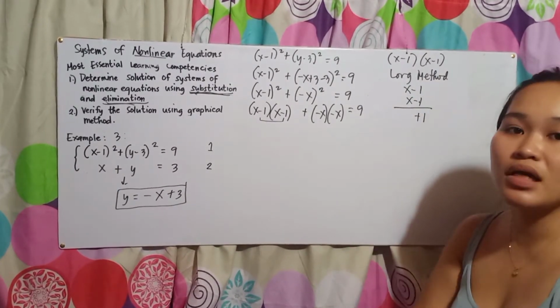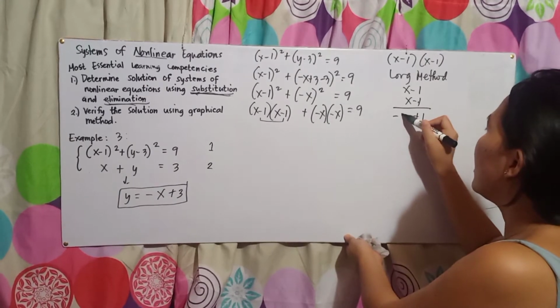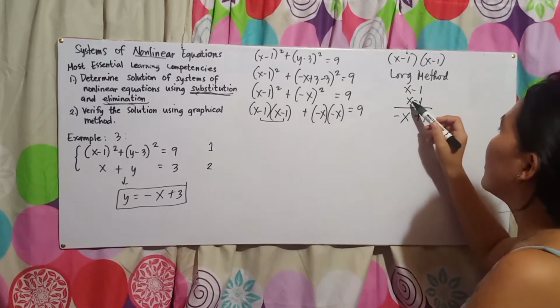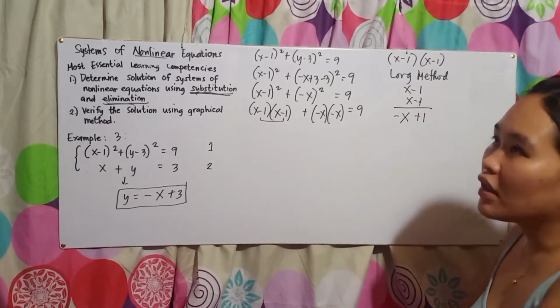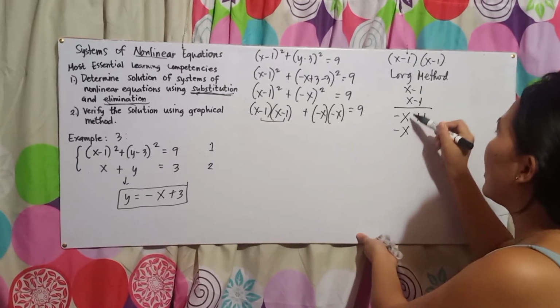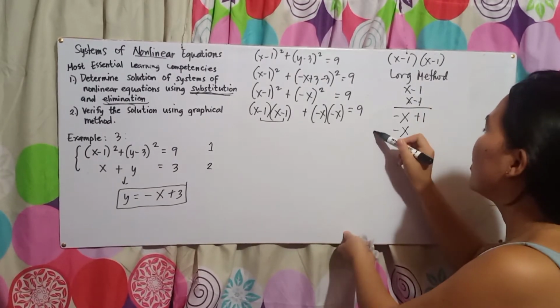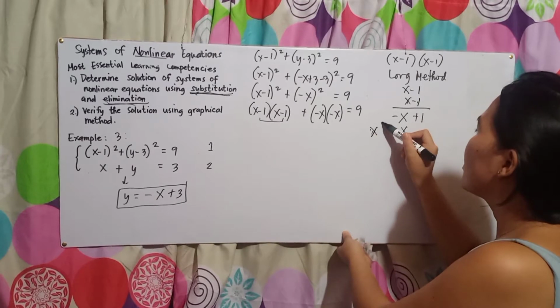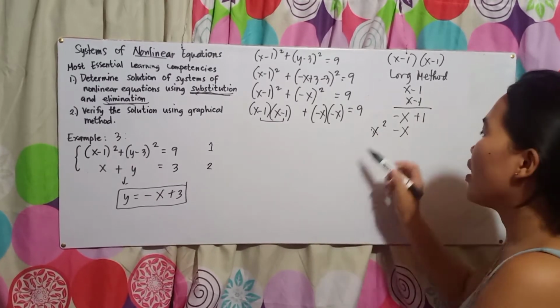Negative 1 times x is negative x. x times negative 1 is negative x. x times x is positive x squared.